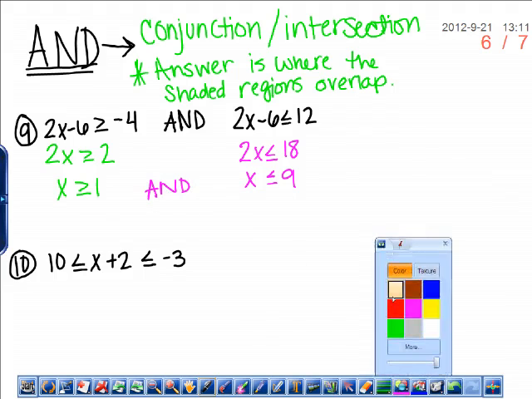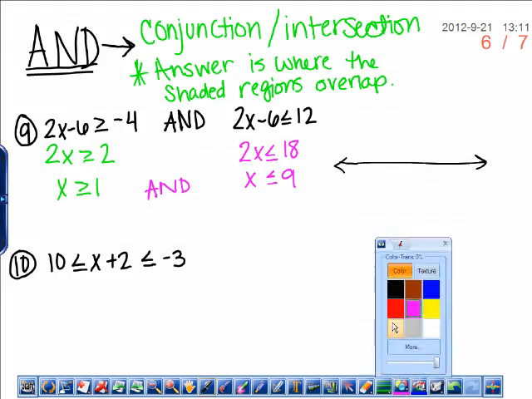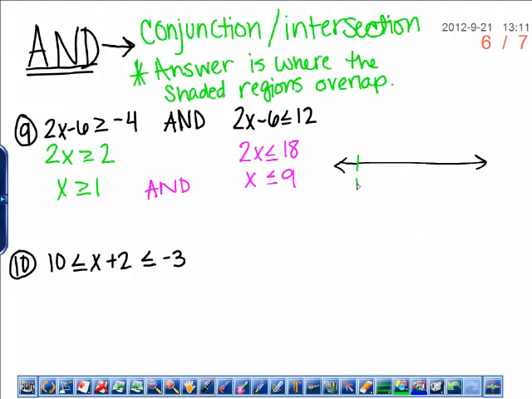All right, let's go ahead and plot this on a number line. What happens at 1? There's a closed circle. Closed circle, goes to the right. All right, what happens at 9? Closed circle.